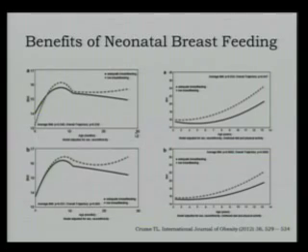This is the first 30 months of life, and they are followed up to the age of 14. You find that with adequate breastfeeding, both in mothers with diabetes and mothers without diabetes, you have a similar benefit in terms of a lower BMI in the infants, but also a lower growth trajectory.